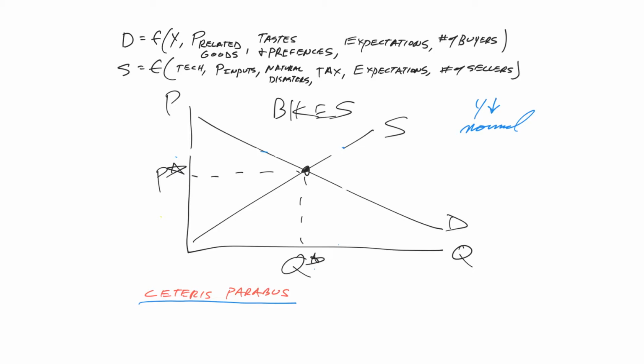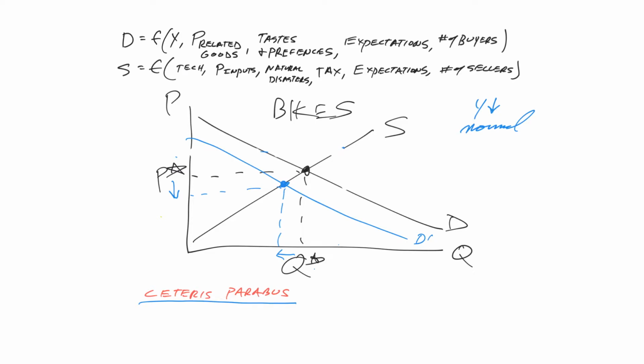And now we're not going to be able to afford what we want as much as we did before. So this is going to be a leftward shift in the demand curve. And we have a new equilibrium. Equilibrium price falls. Equilibrium quantity falls. Okay, see, piece of cake.